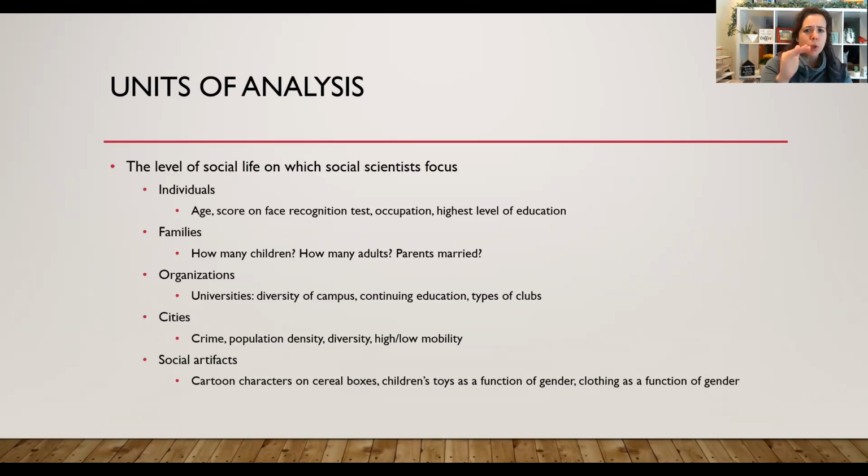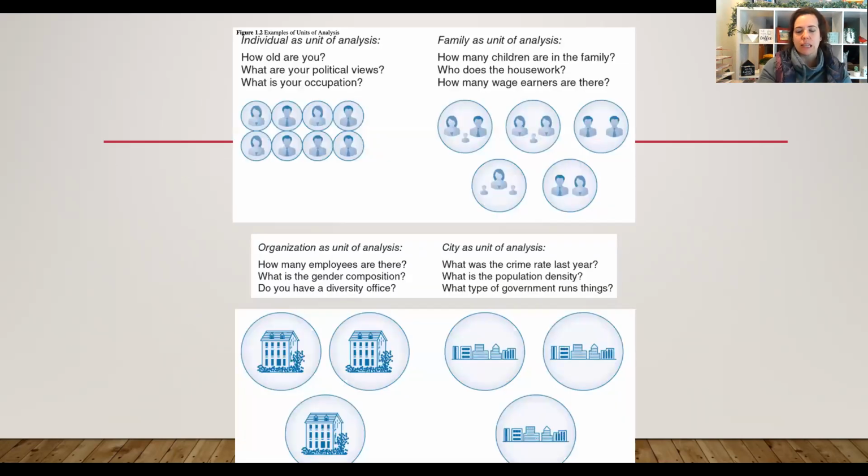The whole point is there are multiple units of analysis. Now, in the social sciences, we focus mostly on individuals. Occasionally, we go up a little bit to organization and maybe cities, but on the whole, it tends to be individuals. This is just a representation of what I was just talking about. Your text has a lot more of those examples as well.